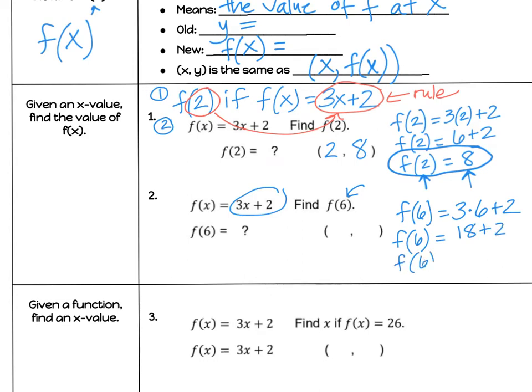So f of 6 is 20. So that is my answer, but I need to fill in my ordered pairs. What is in the parentheses next to the f is my x value, and then what we get on the right-hand side of the equal sign is our y value.